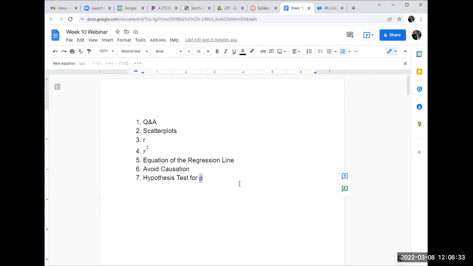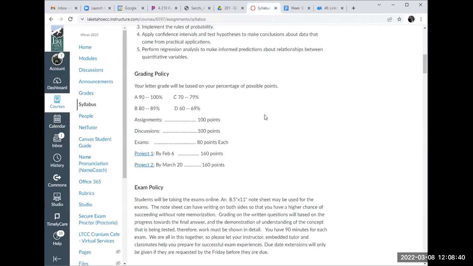So that is the plan today. I want to give you one little heads up. Always good to know. I always like to give you a reminder, and that is that on the 20th you have your project 2. Do not wait till the 19th to get it moving. The hope is that several days before the 20th, you've got a good full draft written so that you can send it to me.